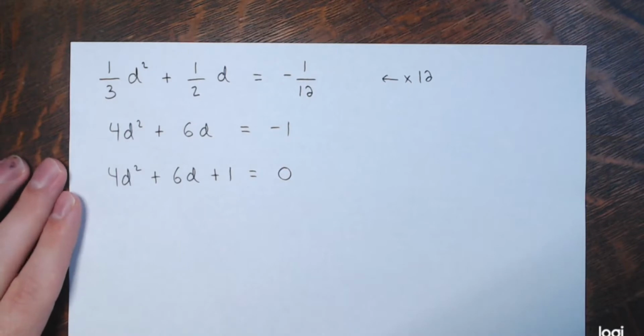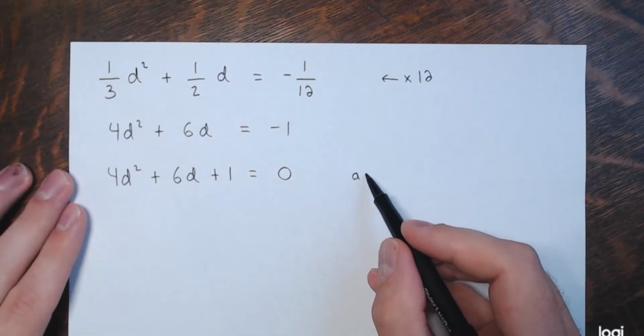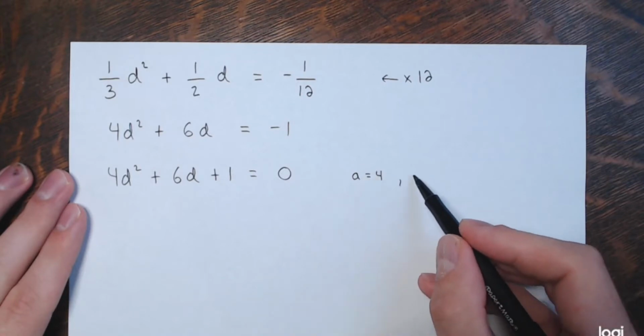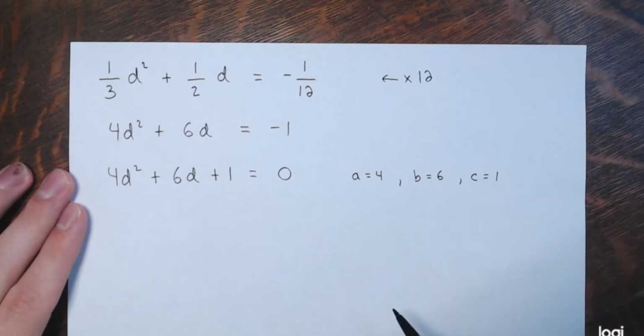So I can use the quadratic formula to state the solutions. The value of a here is +4, the value of b is +6, and the value of c is +1.